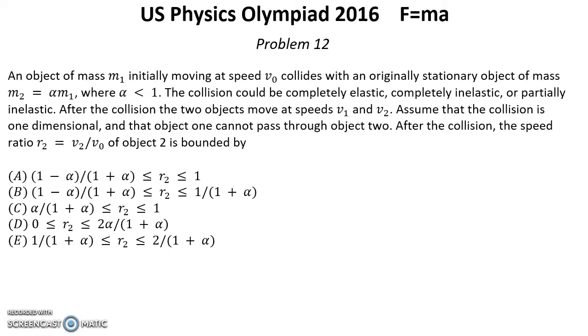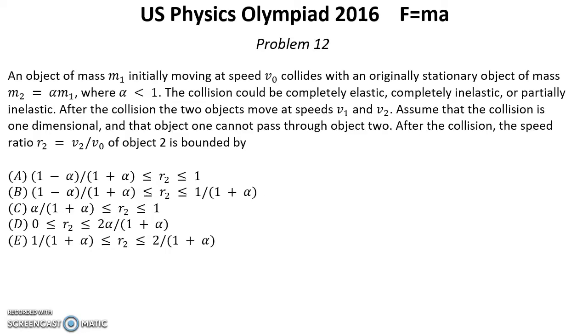Problem number 13. An object of mass m1 initially moving at a speed v0 collides with an originally stationary object of mass m2 equal alpha m1, where alpha less than 1. The collision could be completely elastic, completely inelastic, or partially inelastic.